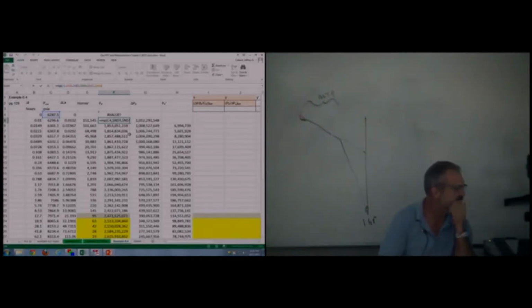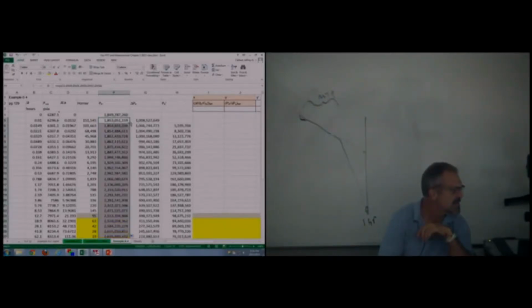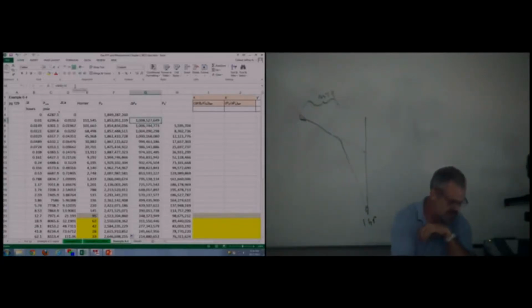Okay, let's fix this. That should be for the same row. I'm going to copy that up. So now I have my pressure flowing, copy that down. Delta pseudo pressure is always going to be equal to my current pseudo pressure minus my flowing pressure.